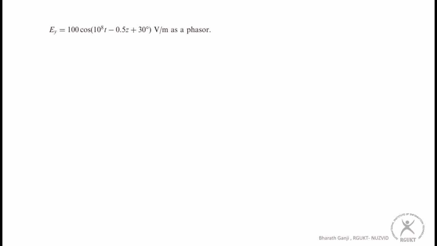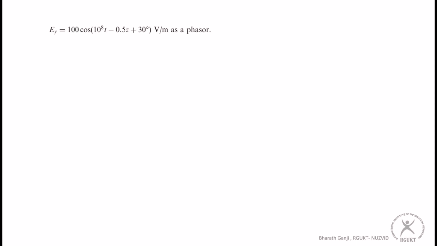Okay. So the question doesn't ask for any propagation constants or anything. Simply it asks for, you can see that an electric field expression is given, and we are asking you to convert it into a phasor form. The reason behind discussing this is, when we try to calculate the relationship between electric and magnetic fields, it's always better to write the field equations in phasor forms and then solve them.